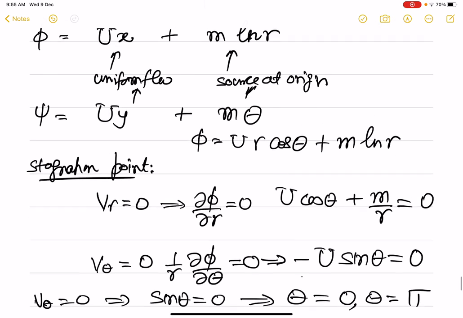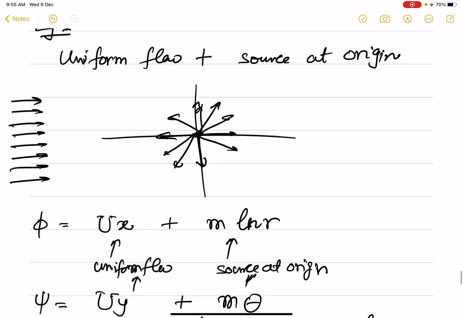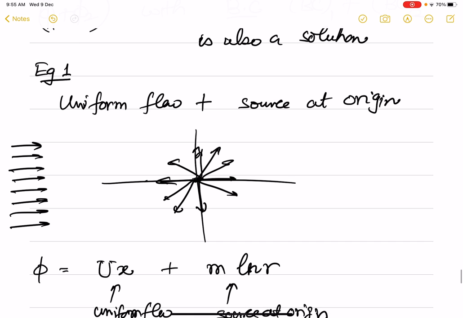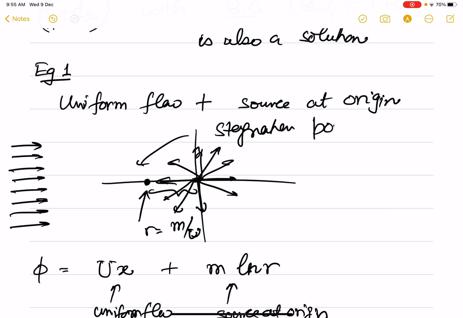So if I look at this figure, the stagnation point is going to occur when theta is equal to pi, somewhere at this location where r is equal to m over u. At this distance, we will get the stagnation point. And the reason I have come back to this figure is, if you look at this geometry, it is sort of obvious that this could be a stagnation point, because on this uniform flow, there is a positive velocity everywhere in the flow domain.